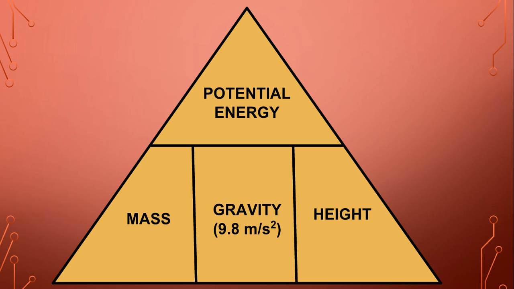Some of you have seen a triangle like this before, some of you haven't. This is a triangle to help you solve the problems and help you work around an equation. So say I'm trying to solve for potential energy. What you do to use the triangle is cover up what you are solving for.